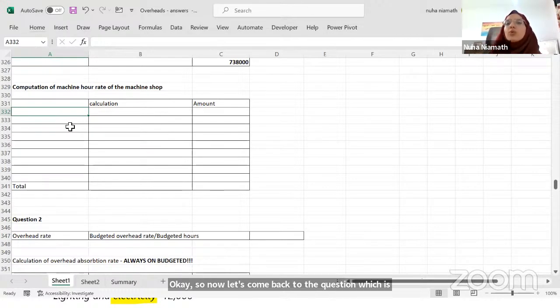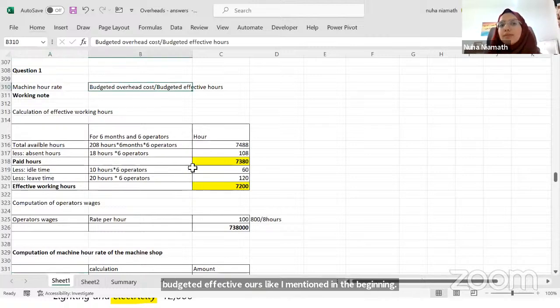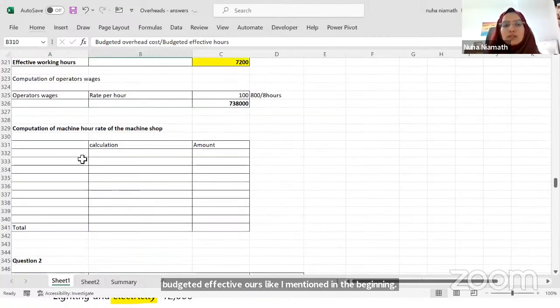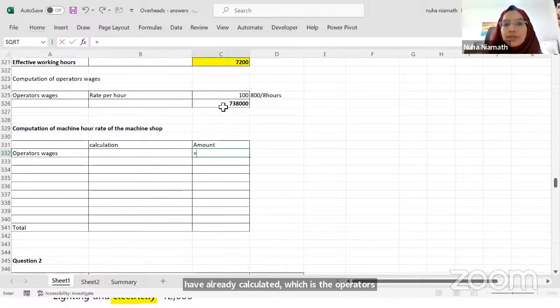So what will you do? You will put down all the expenses of that machine shop and you will divide it by the budgeted effective hours. Like I mentioned in the beginning, budgeted overhead cost by budgeted effective hours. Okay, it's very simple. So let's begin with the first one, which we have already calculated, which is the operator's wages. Already calculated here, 738,000.